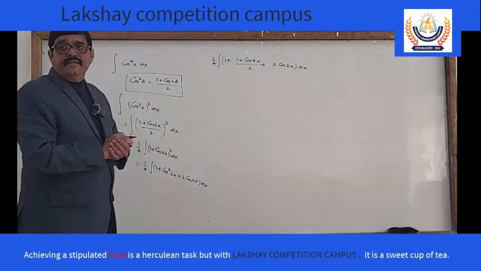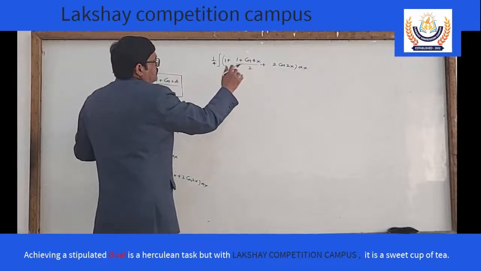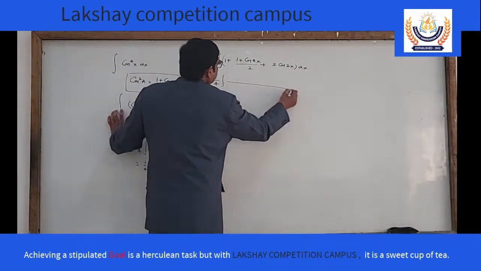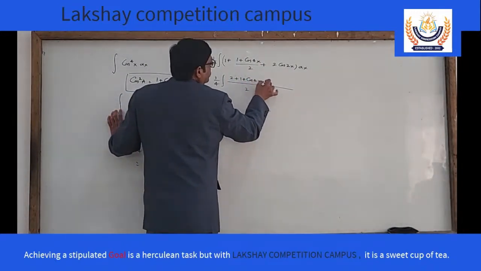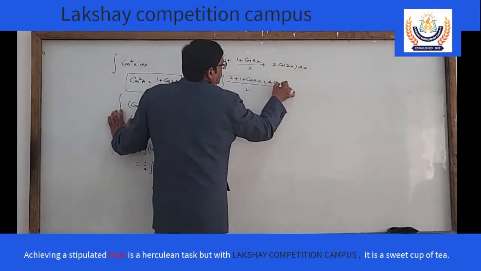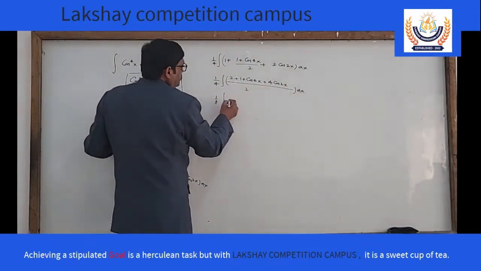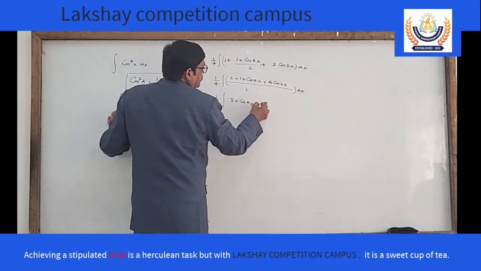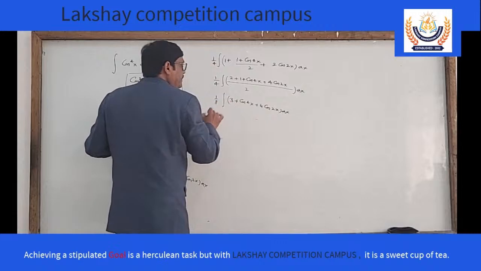Clear? Now you find the LCM, that is 2. So what do we get here? 1 by 8, 3 plus cos 4x plus 4 cos 2x dx. And now you find the integration.